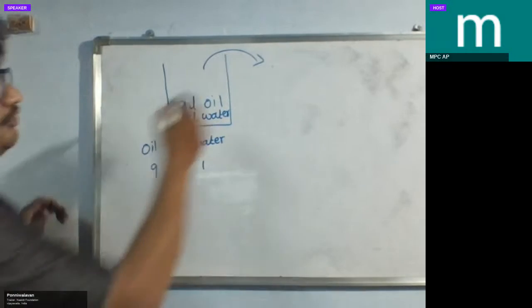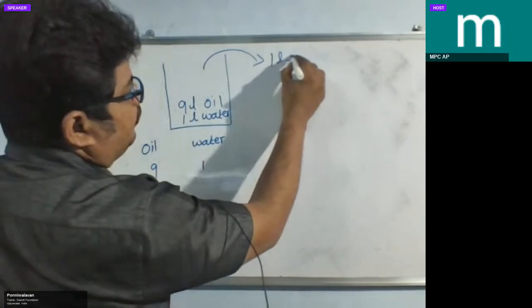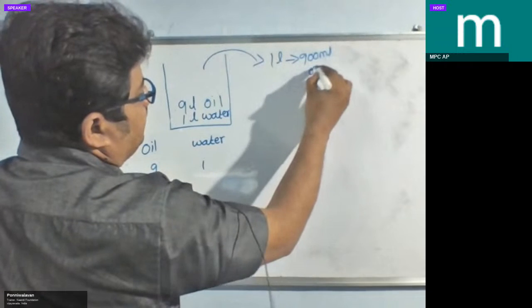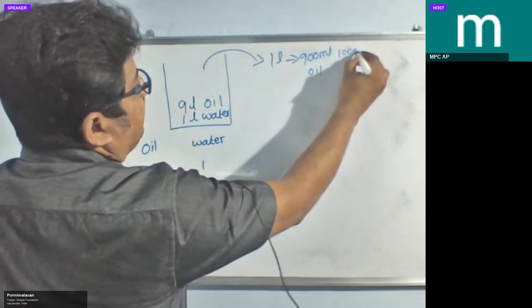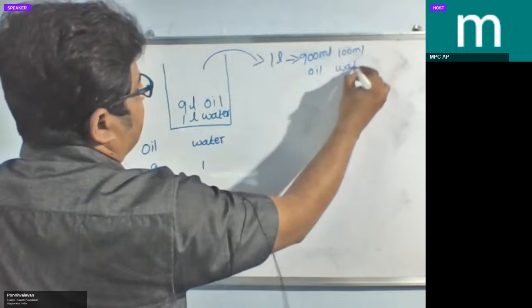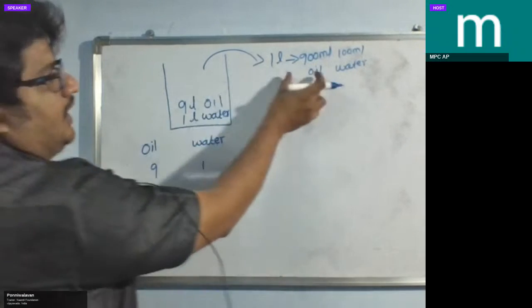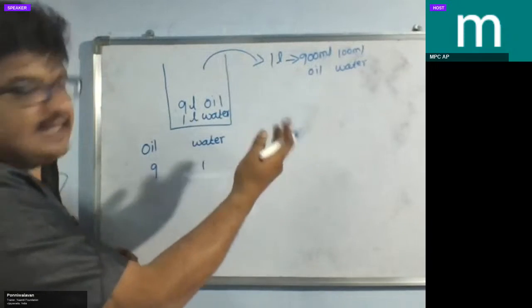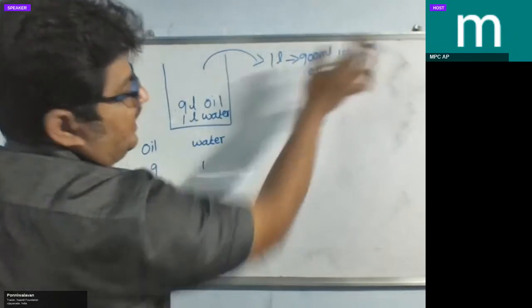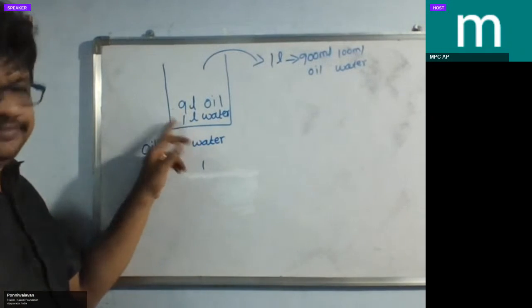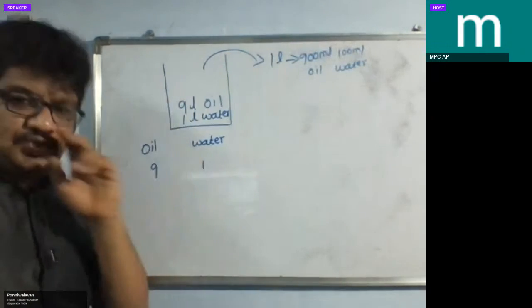No. If you take 1 liter now, out of 1 liter, only 900 ml is oil and 100 ml is water, because they are in the ratio 9:1. So it will come as 9:1.